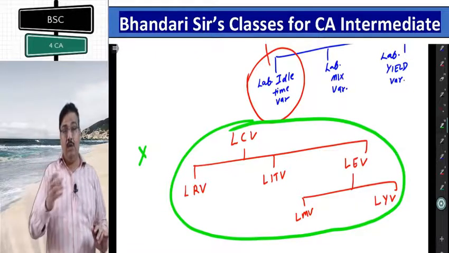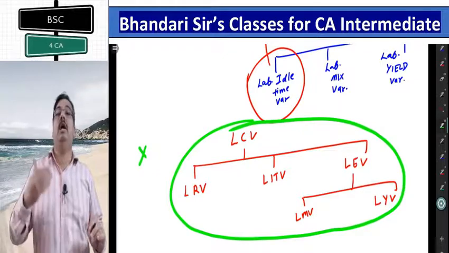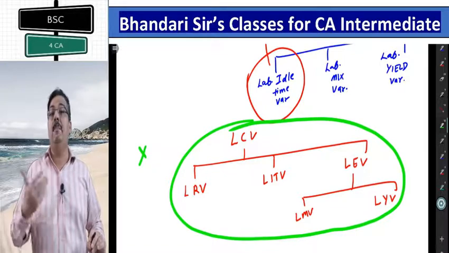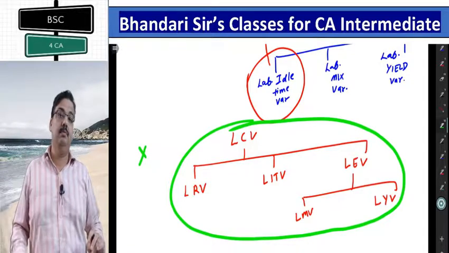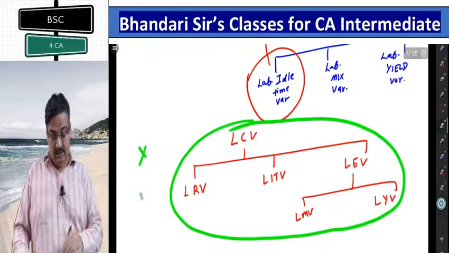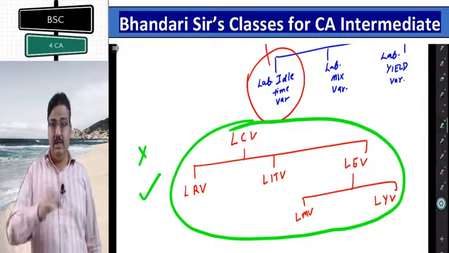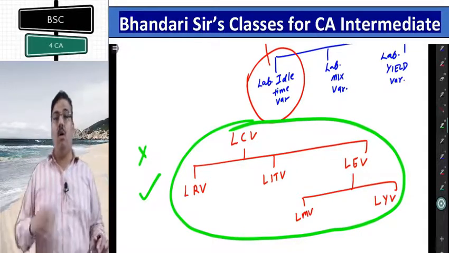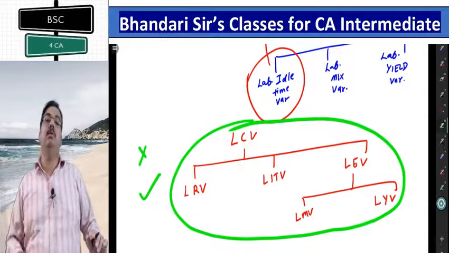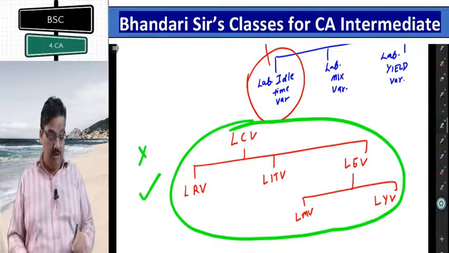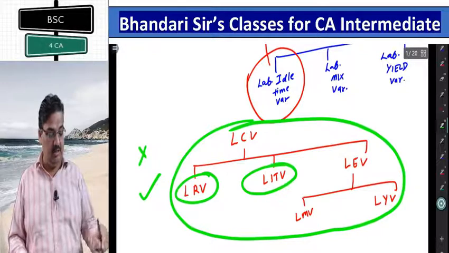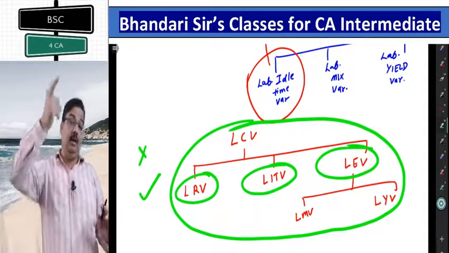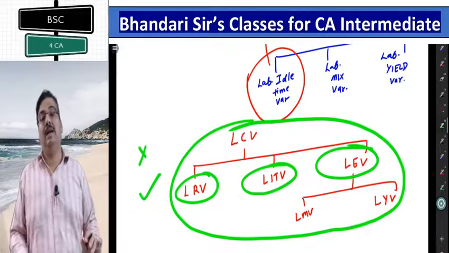If the question asks you to compute labor rate variance, number 2 labor idle time variance, number 3 labor efficiency variance, nothing else, then it is the second category of grouping. Otherwise, in general, the first categorization is always the better one. Unless the question wants these three variances as middle level variances, don't start calculating the other categorization.